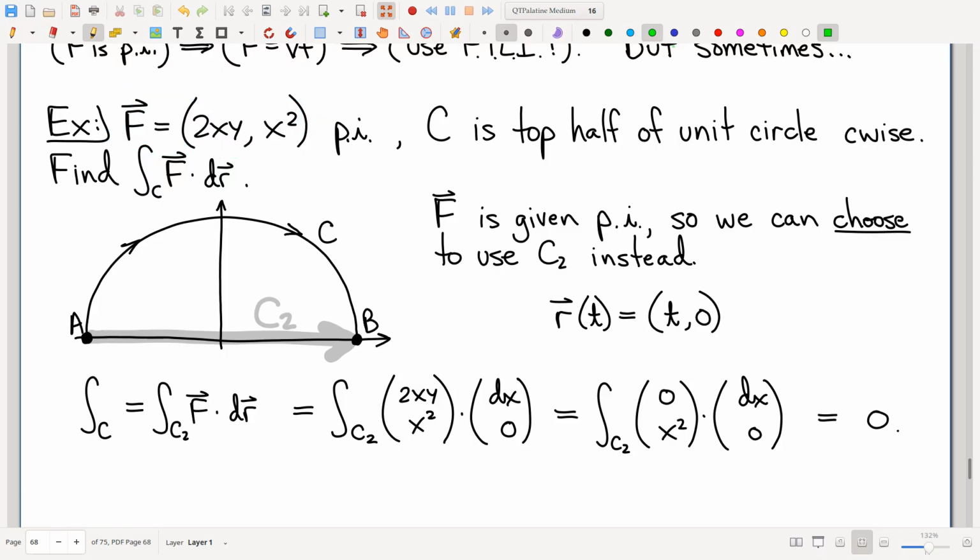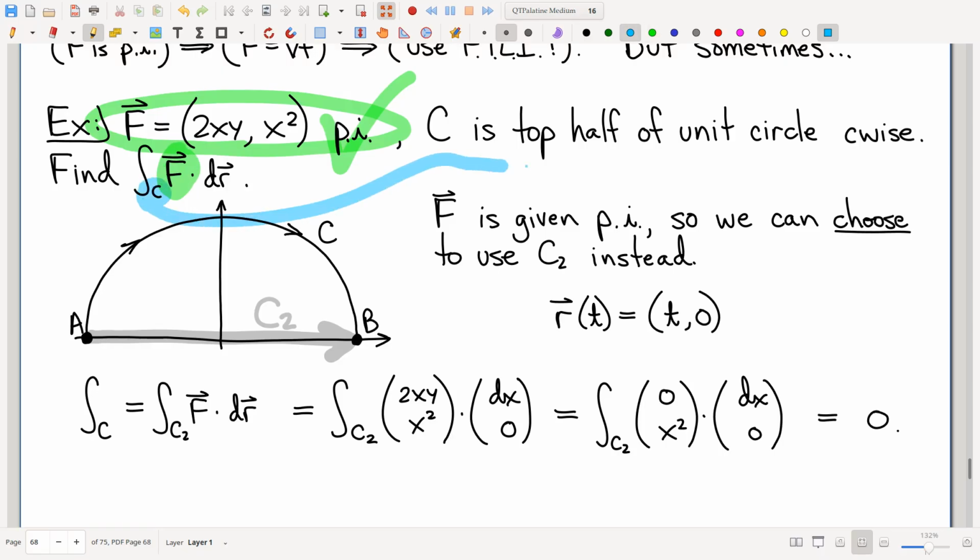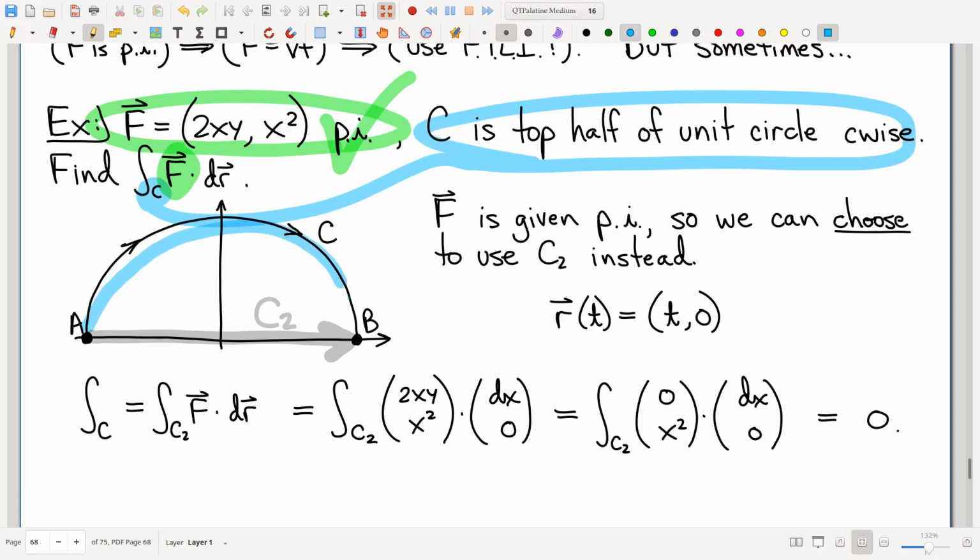We've got a given. By the way, it's given as path independent. We'll talk later about how I could possibly know that. And we want to compute an integral over a particular curve, namely that curve. How do I compute that integral? Well, again, you could brute force this.